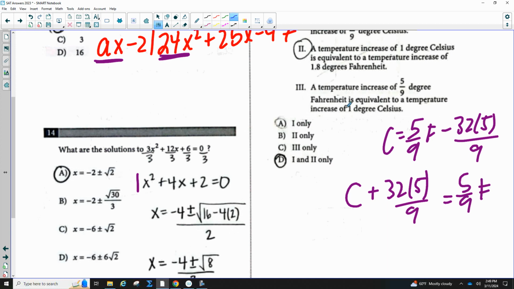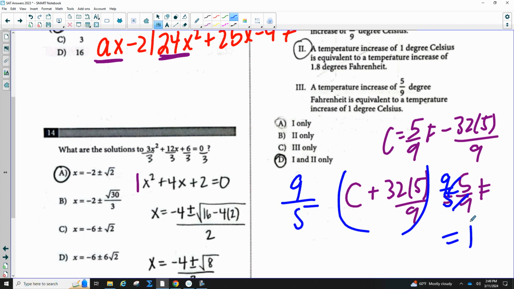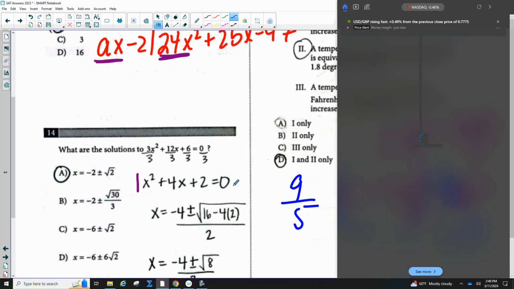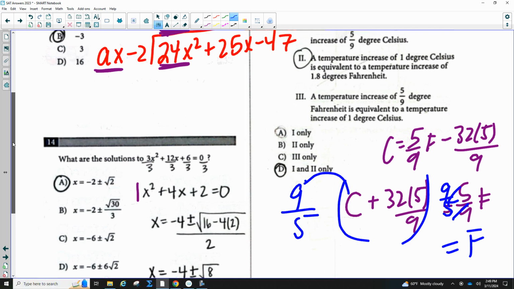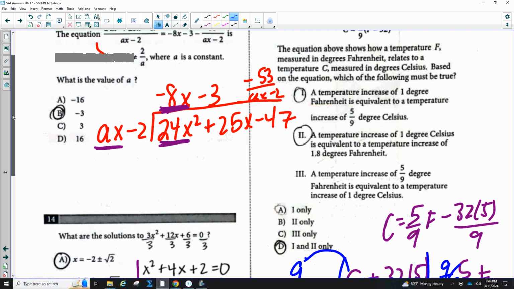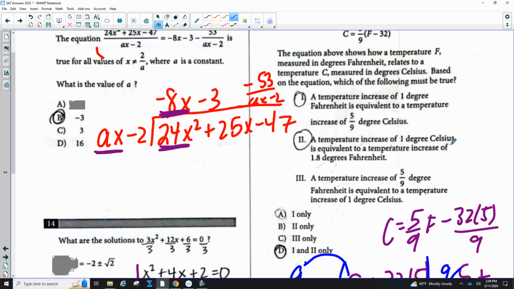Solve for degrees Fahrenheit, and I get a new slope of 9/5. It works this way as well. Number 2, a temperature increase of 1 degree Celsius, now that's your X, is equivalent to a temperature increase of 1.8 degrees Fahrenheit. So if you just switch your formula, solve for the other one, now it's true for your slope as well. This one, though, is not true, okay? So D is the correct answer.